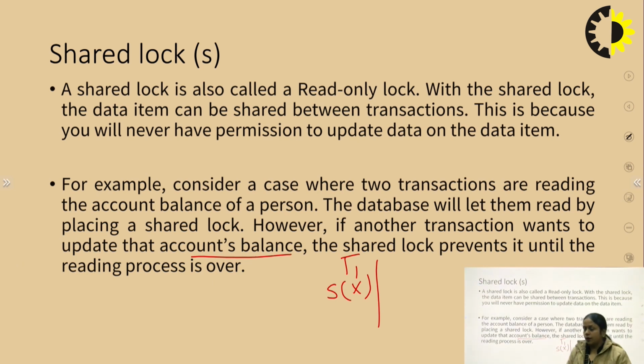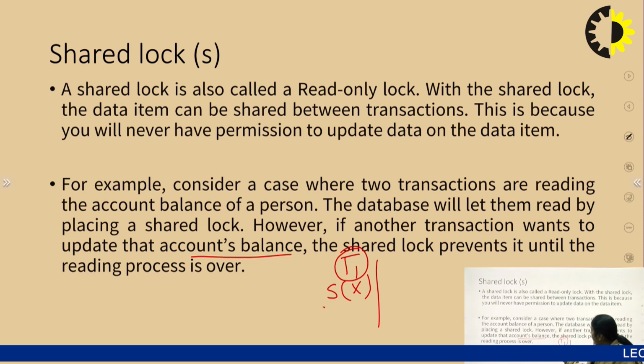For example, now you can see here this transaction T1 wants to read the account balance of a person. Then we will lock this data item in a shared lock because it wants to only read. The reading operation will be done here.